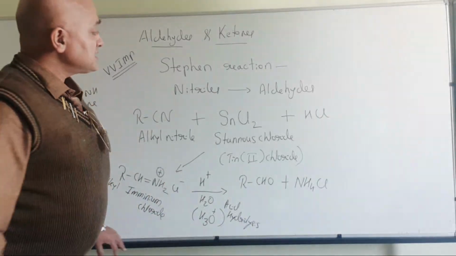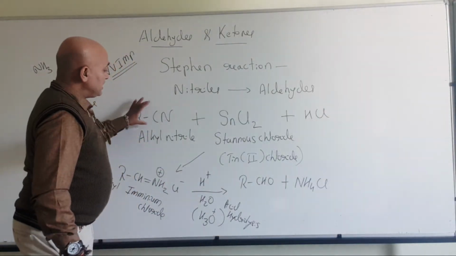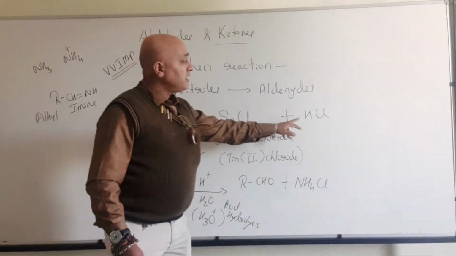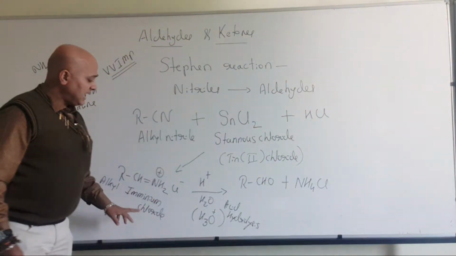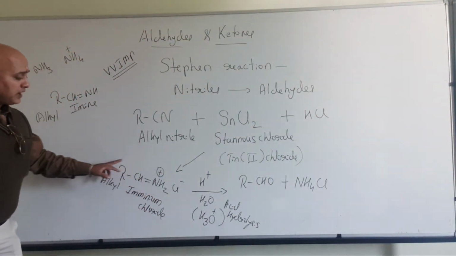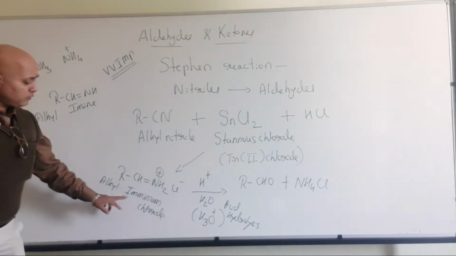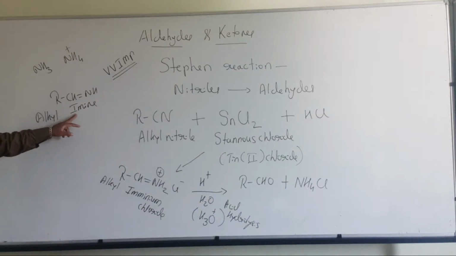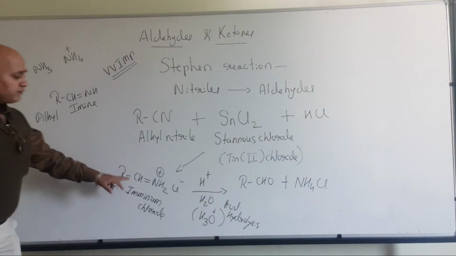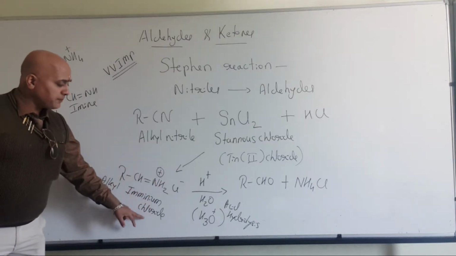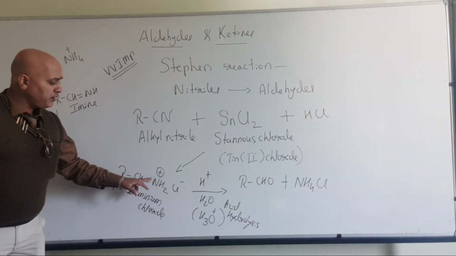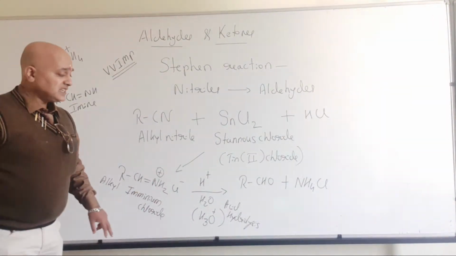So in the Stephen reaction, what will they do? They will take alkyl nitrile and treat it with stannous chloride in the presence of HCl, a mineral acid. That's where we get the alkyl iminium chloride as the intermediate. You can even simply call it imine, but if you write the imine structure then it should be iminium because a positive charge is there. Nitrogen is tetravalent, 2 and 2, so therefore a positive charge.